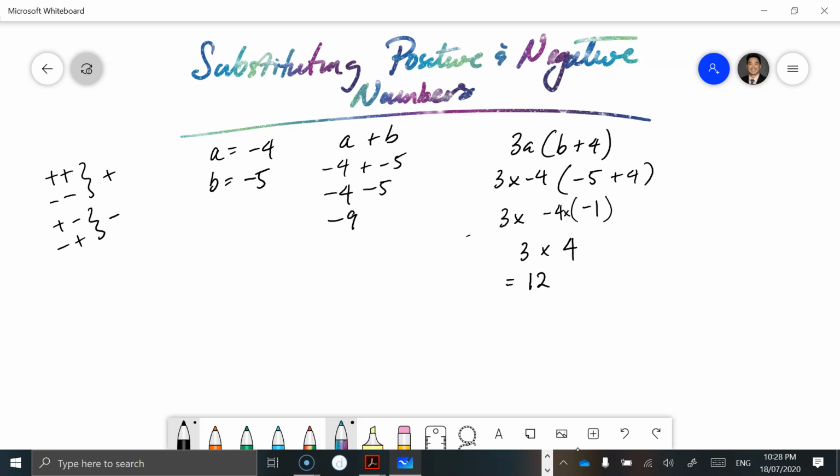All right, and let's say if we had p equal to -2 and q equal to -3, then let's work out this one, which looks a little bit more complicated, and hopefully you know some of these symbols.